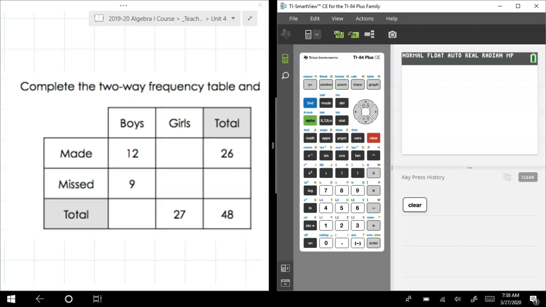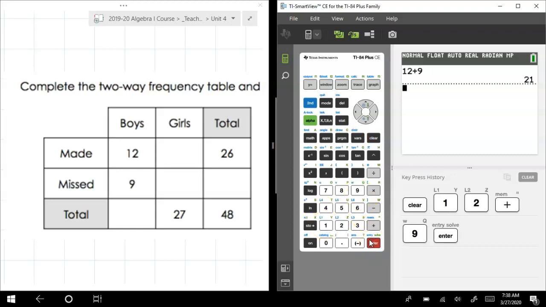So I can figure out the total boys, because I know there were 12 that made their basket and 9 that missed. So now there's a total of 21 boys, and then just double checking, the 21 plus 27 equal the total of 48. So there were 48 total boys and girls this day when they collected this data.